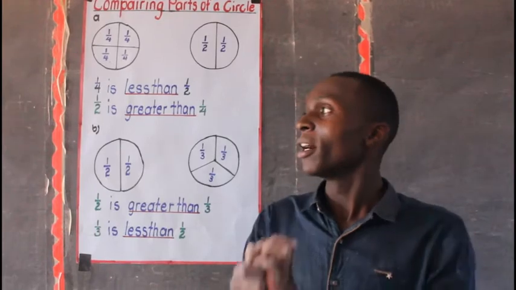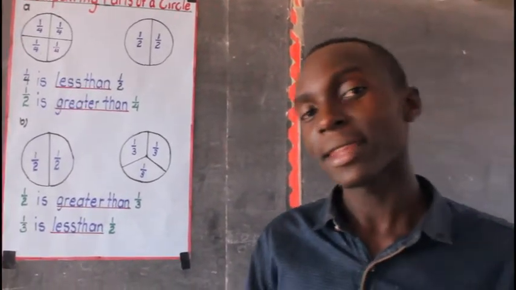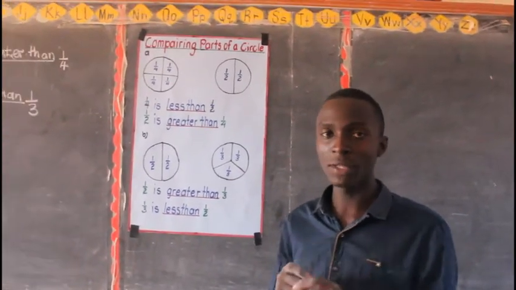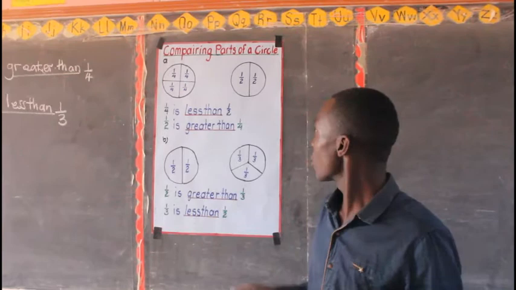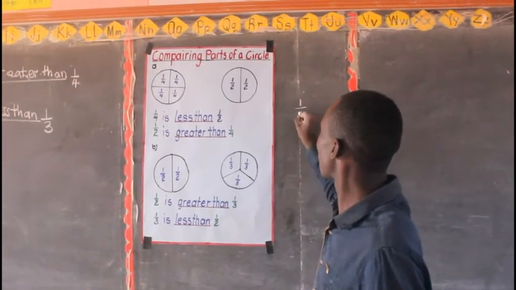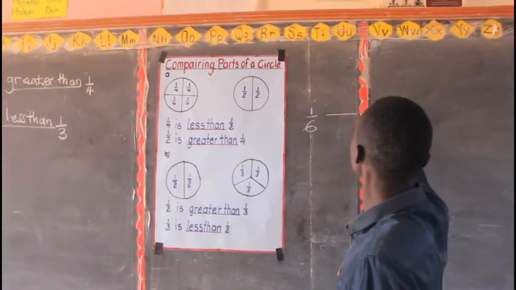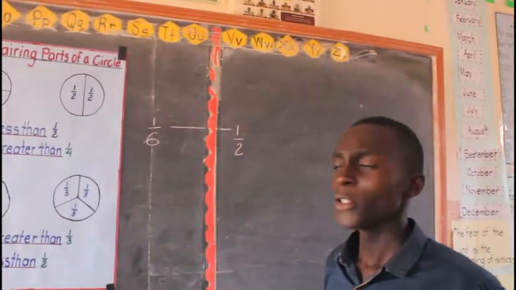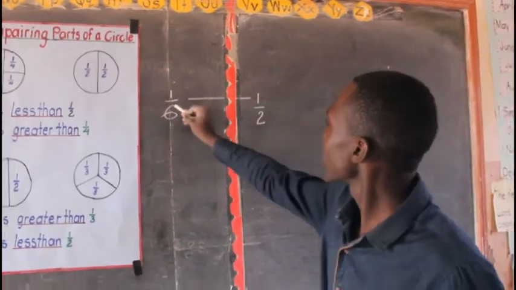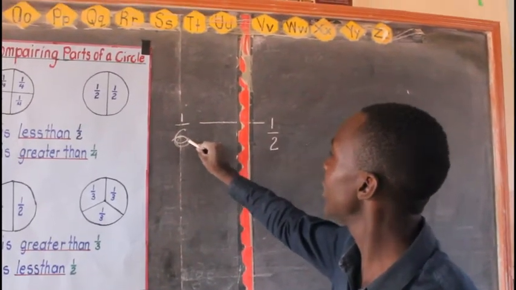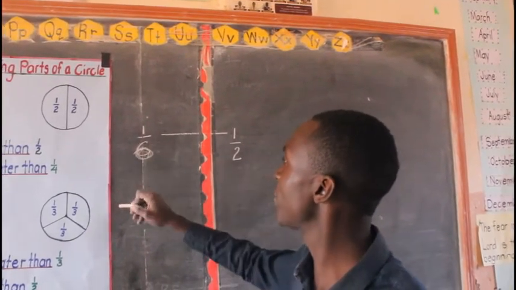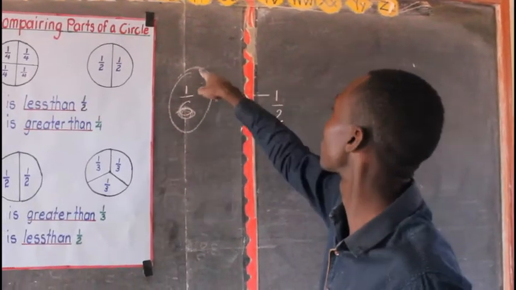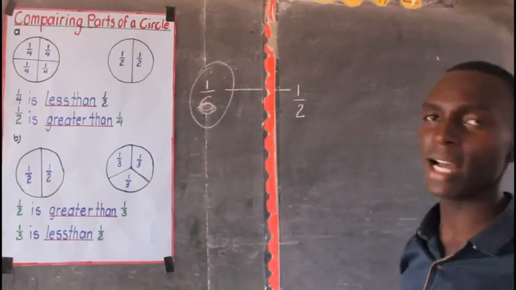So, my good children of primary 2, I thank you very much for being attentive. As I told you, be very critical on these numbers, because even if you come across a number like 1 out of 6 and also 1 out of 2, you get to understand that because 1 out of 6 has the big denominator, it means that this fraction is smaller than a half.